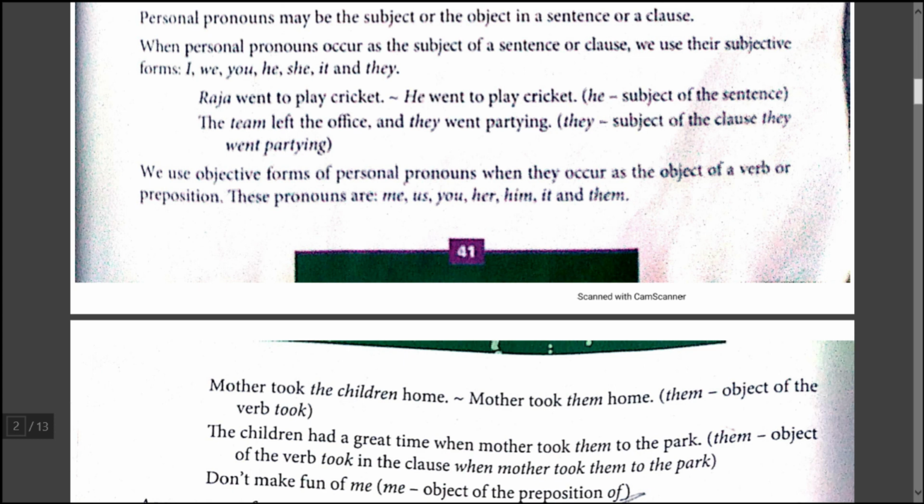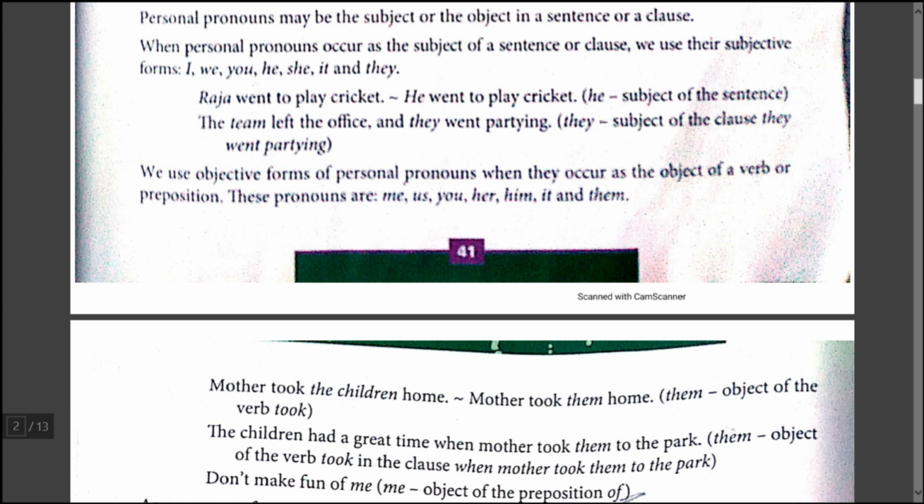So here, instead of the children, you'll use mother took them home. Again, if I ask a question to the verb, that is took, mother took home whom? Them. So them is the object over here. Them, object of the verb took.